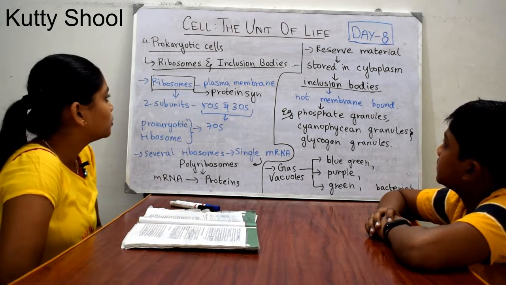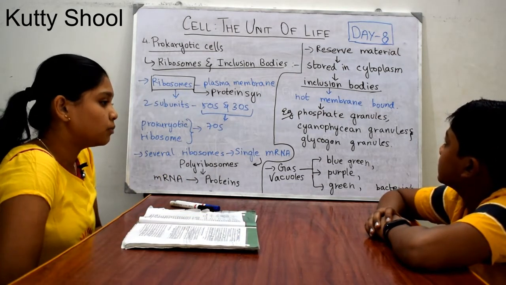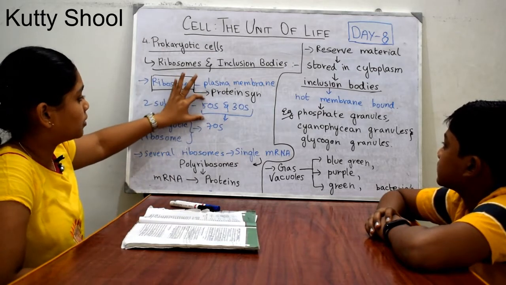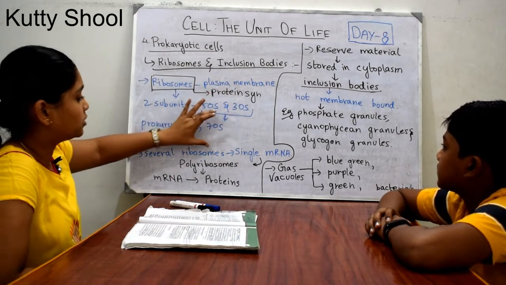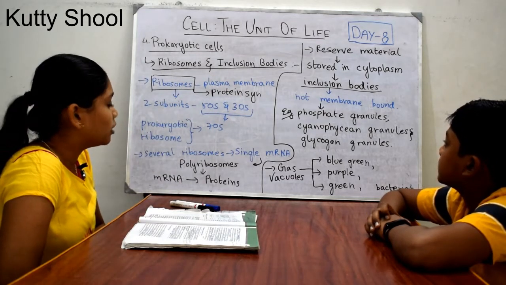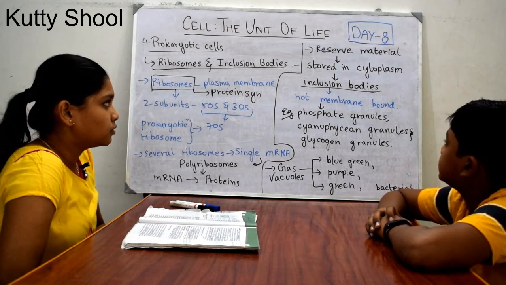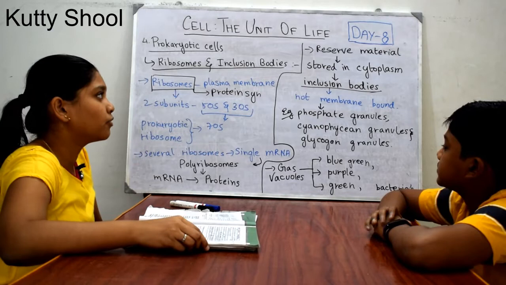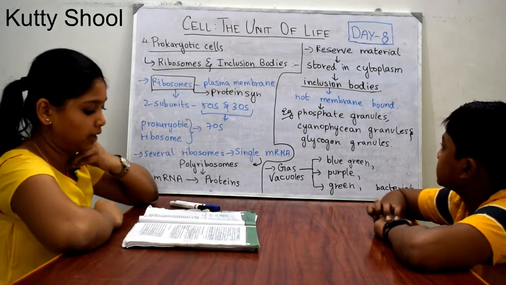Next we are going to see inclusion bodies. In prokaryotes there is only the 70S ribosome. You have to remember this: 50S plus 30S subunits make the 70S ribosome. Inclusion bodies are reserve material in the prokaryotic cell.